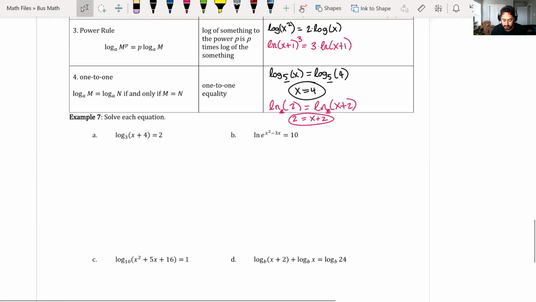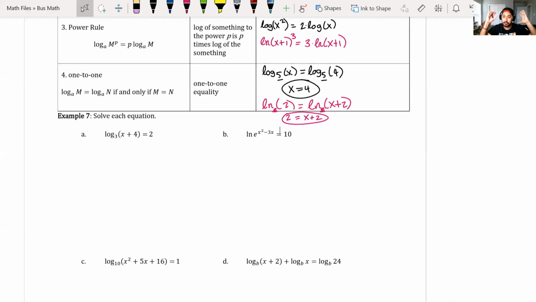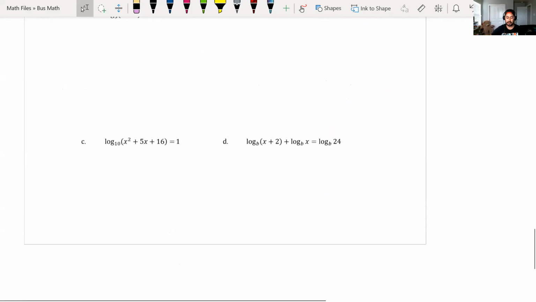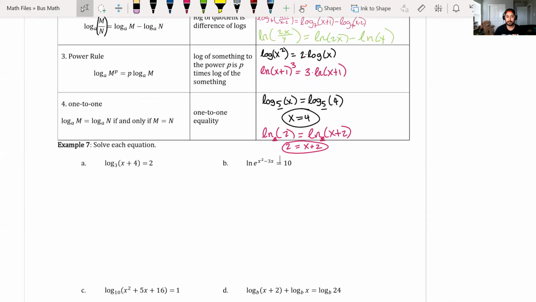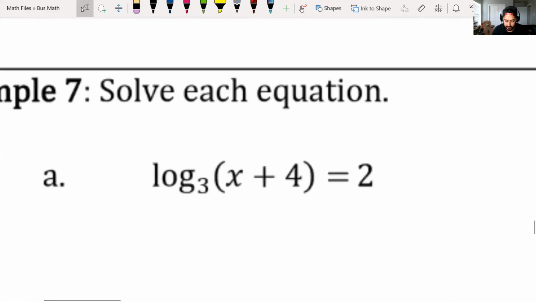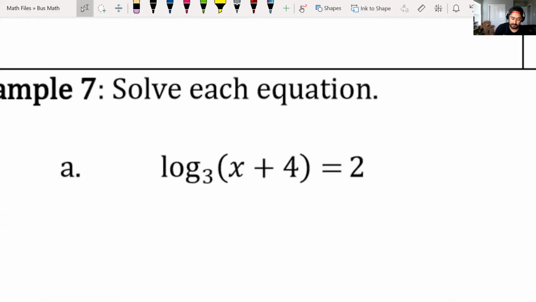So let's put everything together. Everything we learned today, let's go ahead and solve these last 4 problems. So we will start with A. This says log base 3 of x plus 4 equal to 2. Our job is to solve for that little x inside the log. So this means that we have to get x plus 4 out of the log.